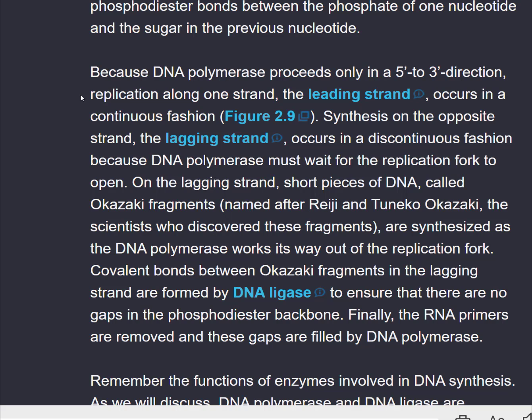Lagging strand. During DNA replication, the strand of newly synthesized DNA that is copied by DNA polymerase in a discontinuous or interrupted fashion, 5' to 3', away from the replication fork, as a series of short DNA pieces called Okazaki fragments.